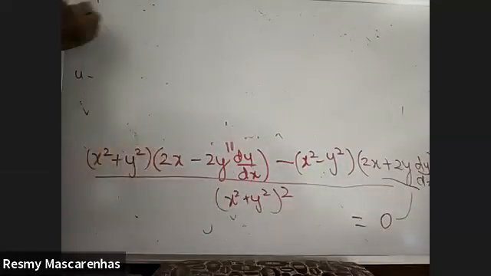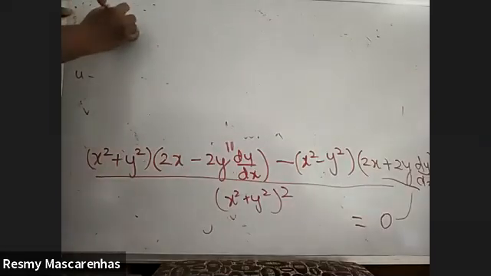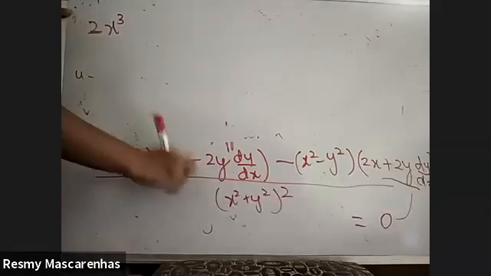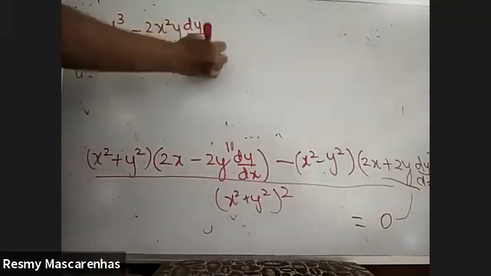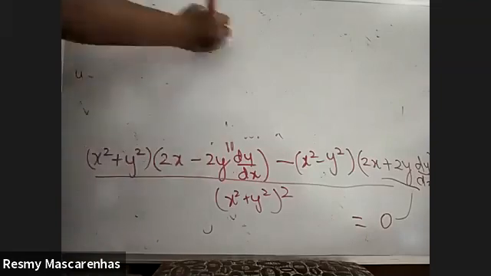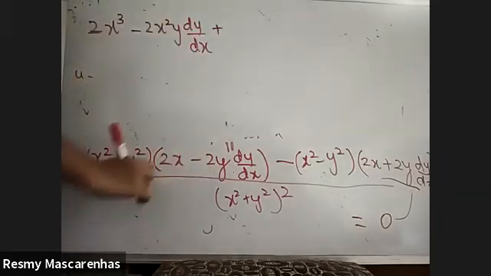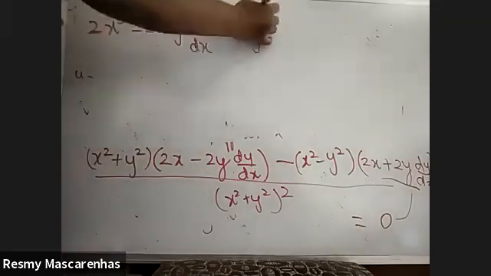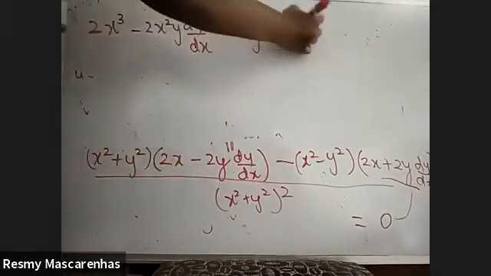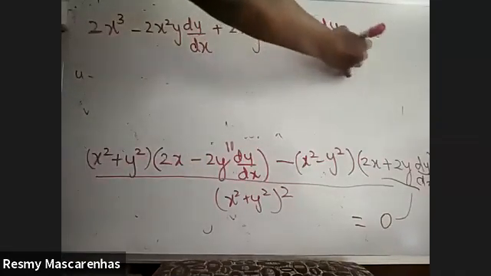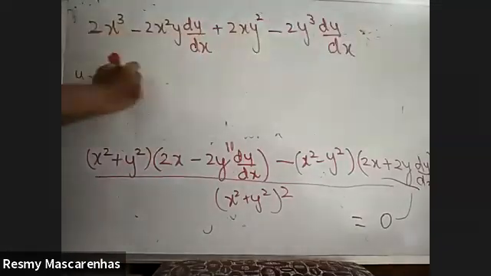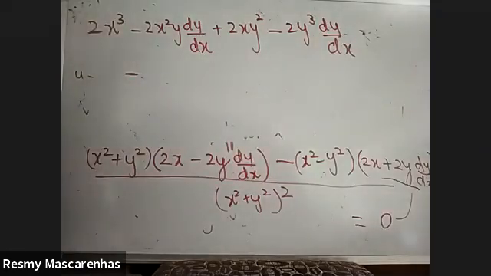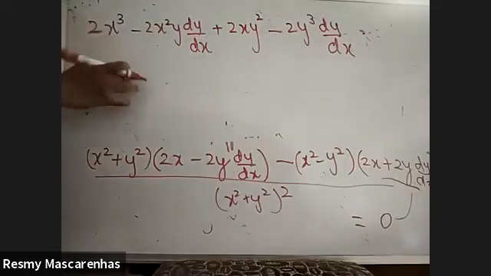When I multiply this inside, it will become 2x cube, then minus 2x square y dy by dx, then plus 2xy square minus 2y cube dy by dx. Then the middle sign is minus.